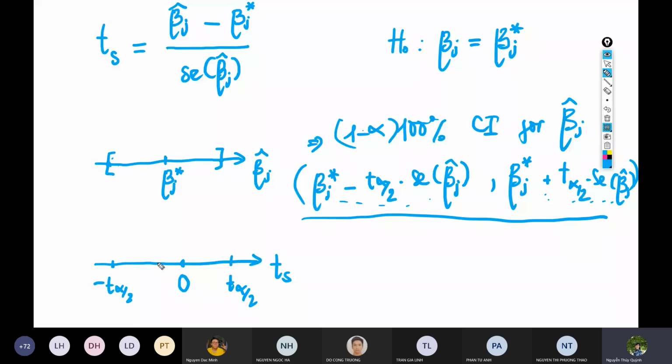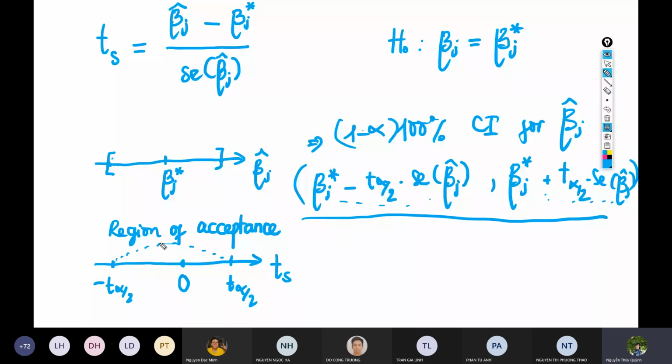So this area is called the region of acceptance for the null hypothesis.